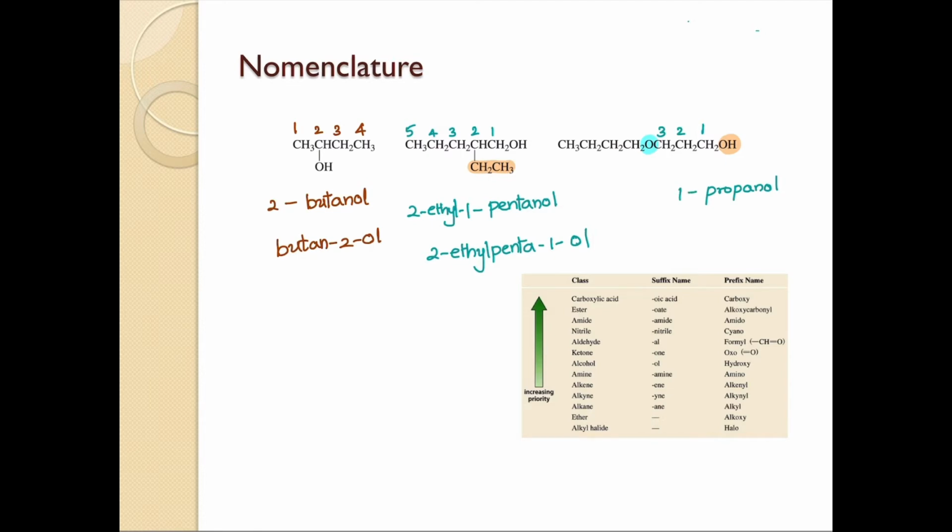And since this is a butoxy group, which has 4 carbons, it should be 3-butoxy that comes in front of 1-propanol. So 3-butoxy-1-propanol. Or you can also write this as 3-butoxypropan-1-ol. Either way, it should be right.